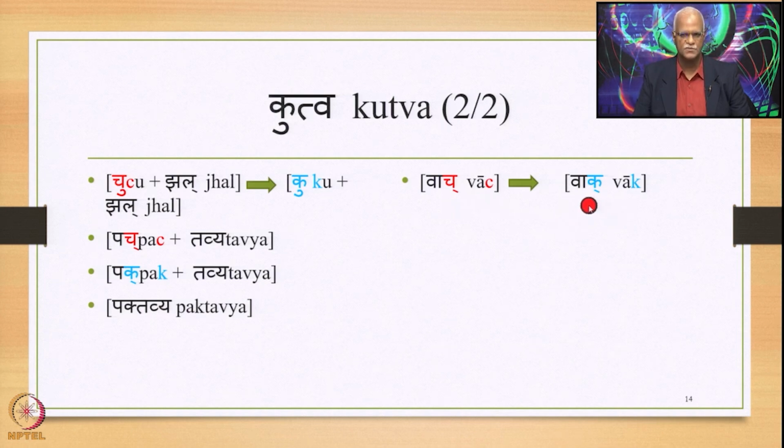There will be further processing. This ka will be further substituted by ga by the sutra jhalam jashonte, and then this ga will be further substituted optionally by ka by the sutra vavasane. So at the end we get two outputs, vak and vag. But as far as 8.2.30 is concerned, the first output of this vach is vak.